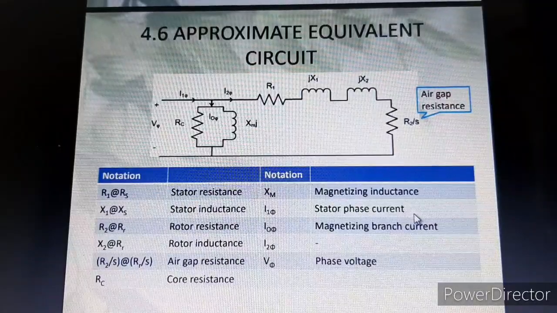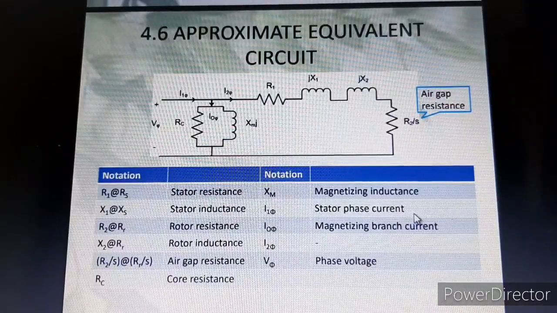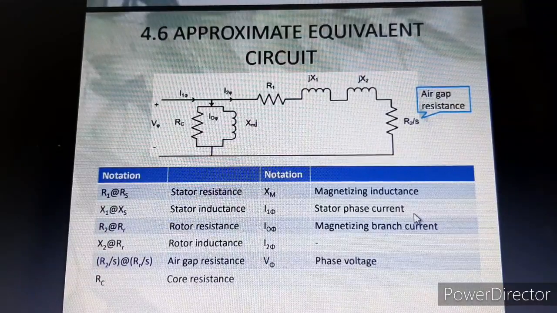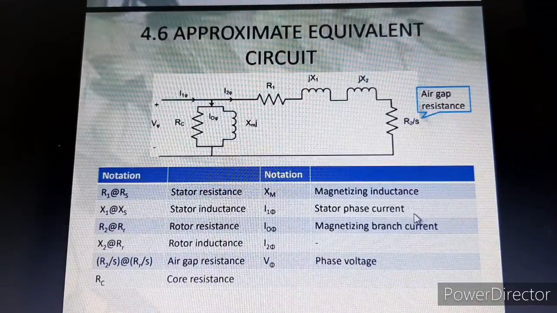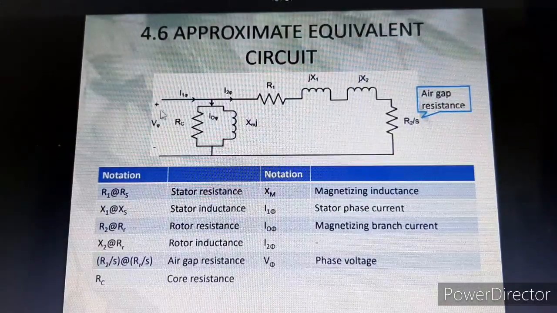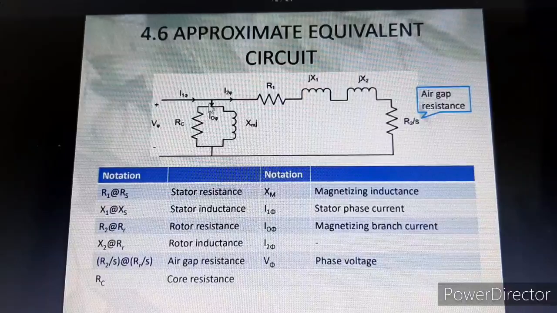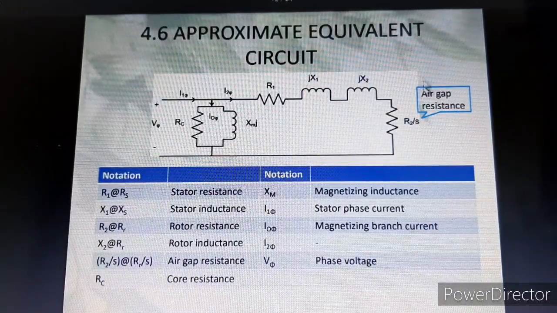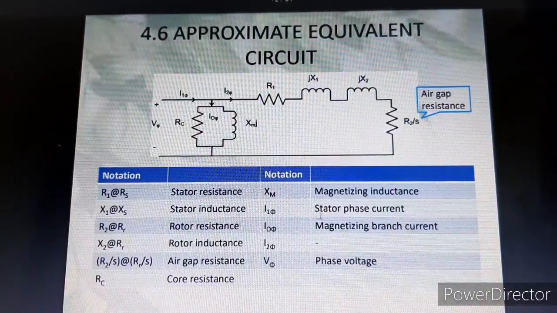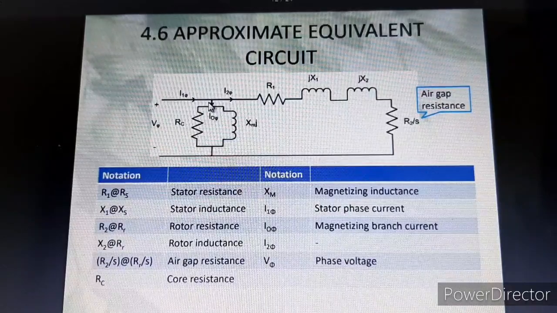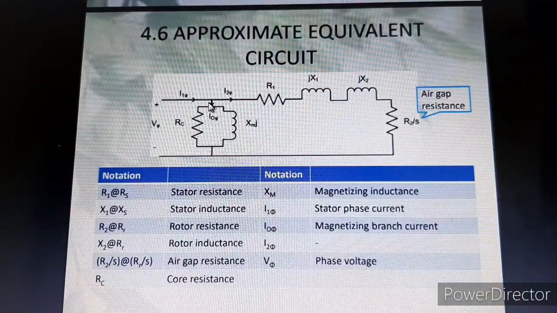Why stator? Because remember, for a motor our input is electrical, and electrical power is injected on the stator. So electrical power will enter through the stator, and mechanical power will end up at the rotor. So I1 is the stator phase current, and then I1 phase is diverted into two paths.